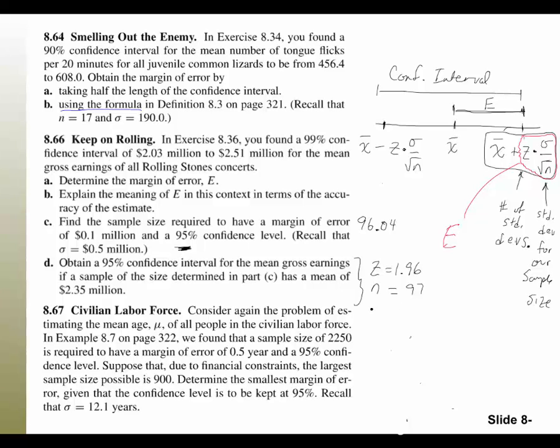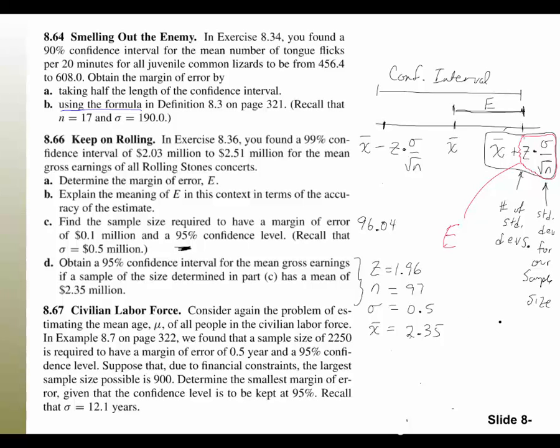Okay? And what is our population standard deviation? 0.5. So we got what we need. Oh, and what's our sample mean? So our sample mean was 2.35. So our point estimate for the population mean is?